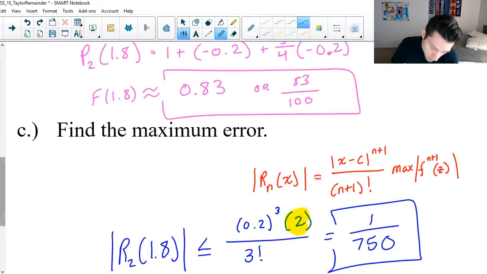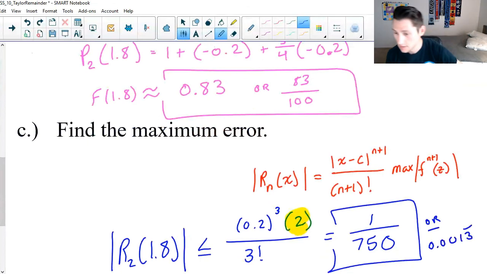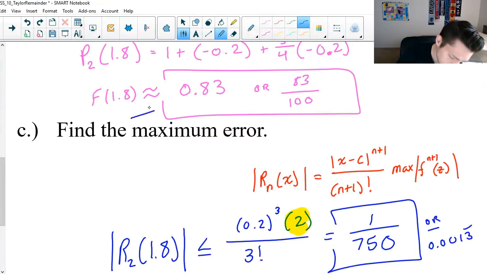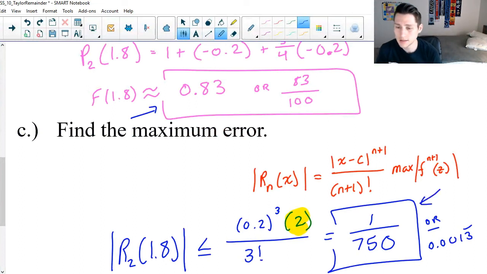As a decimal, that's how far off we are. So here's the approximations we got, and then here is the maximum value of how wrong we are. So we can't be that wrong. It's pretty dang close.